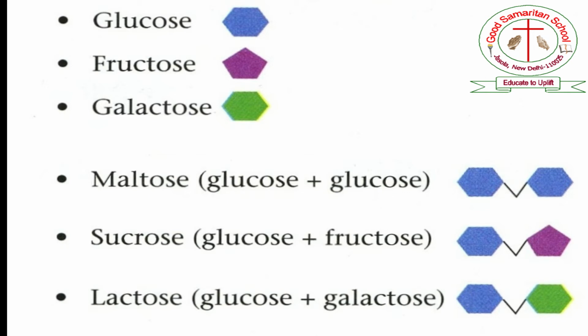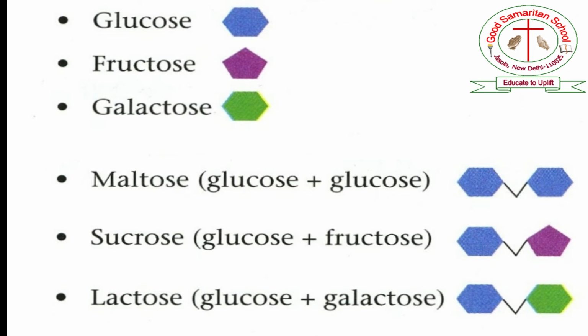Sucrose, also known as table sugar, is made up of glucose and fructose. When glucose and fructose are together, sucrose is formed. And lactose, or milk sugar, contains glucose and galactose. When glucose and galactose are together, lactose is formed.